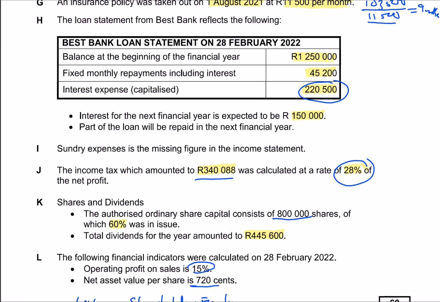Then there's this second part that says interest for the next financial year is expected to be 150,000. Part of the loan will be repaid in the next financial year. That means you continue paying the loan, 45,200 per month.